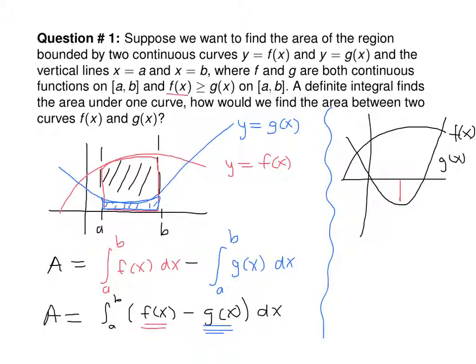So in that case, even though g is negative, your area is still going to be a positive number. So no matter what happens, when you find an area between two curves, you will always get a positive answer. In this case, this area is not signed. All right, let's do a few examples.